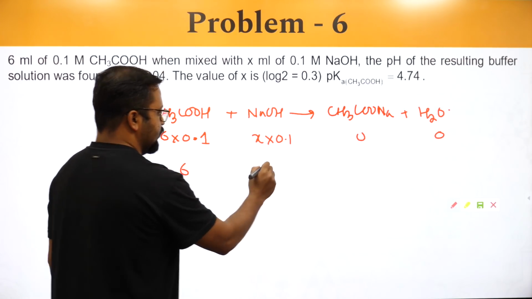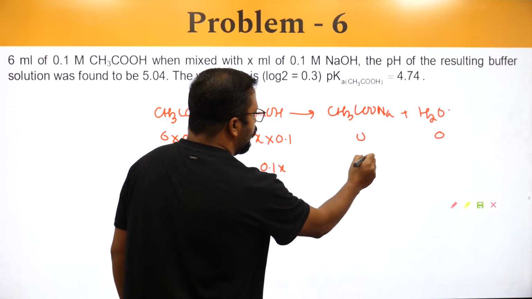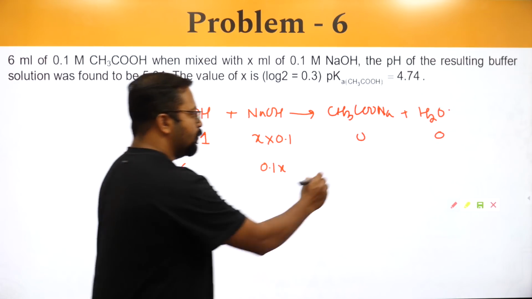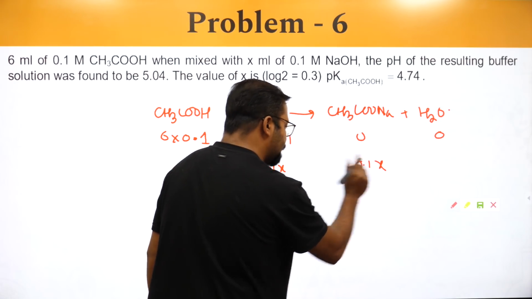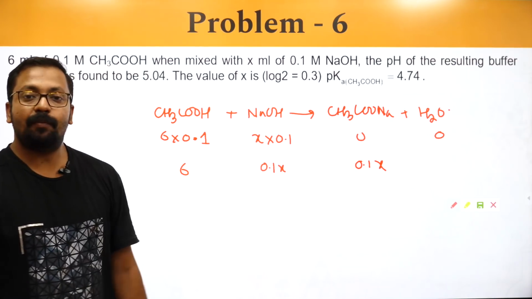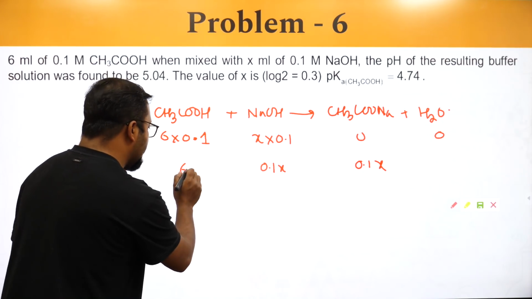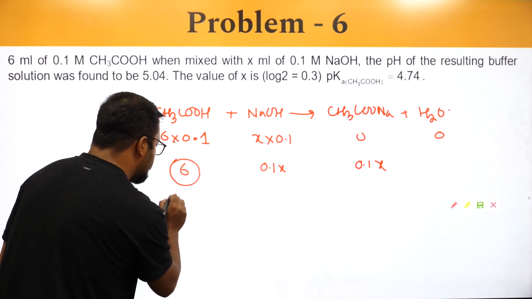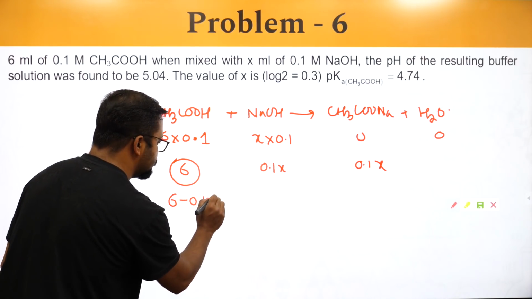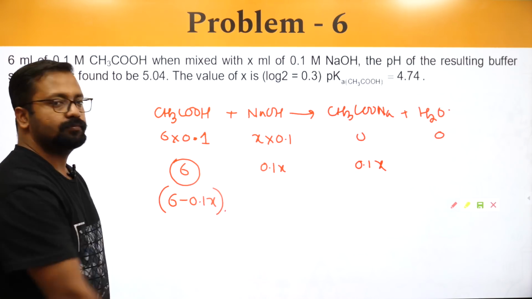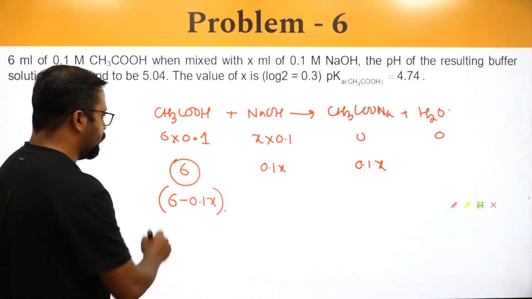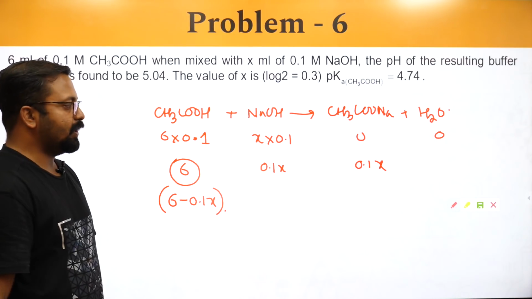This is 6, this is 0.1x. What would this amount be equal to? 0.1x ही होना चाहिए. Whatever is the limiting reagent, उतना ही आपका बनेगा salt. But what will be the amount of this left out? 6 minus 0.1x. The amount left out would be 6 minus 0.1x.